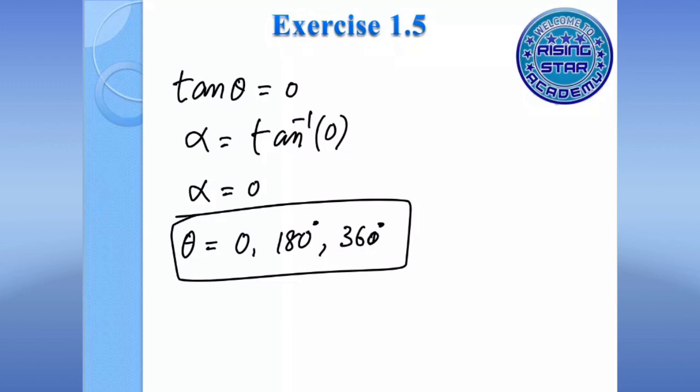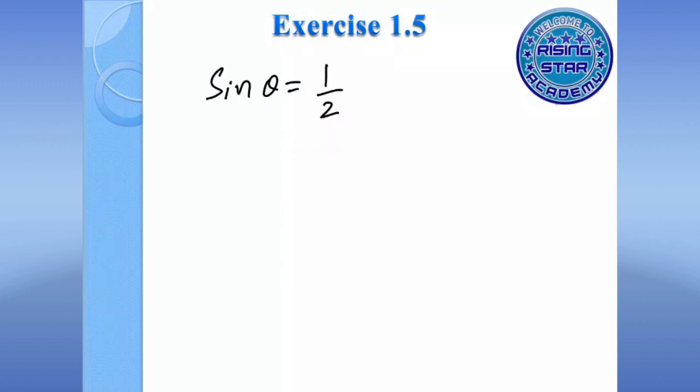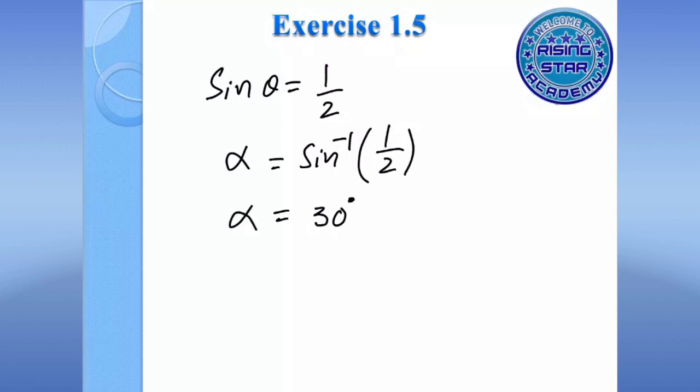Now we will do the next part. I will take basic angle alpha, so sine inverse of 1 over 2, and in degrees that would become 30 degrees for basic angle alpha.